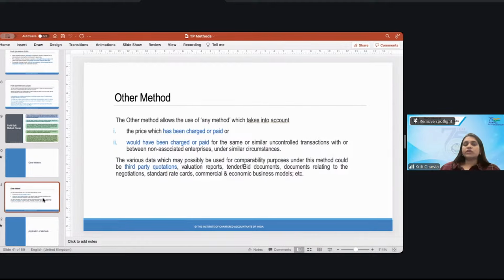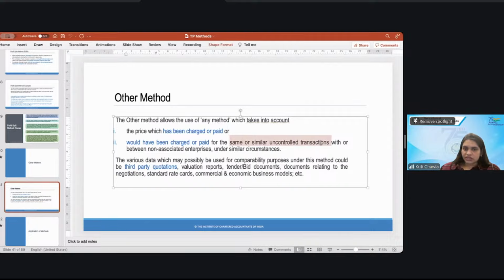Well, this is what Rule 10AB says with respect to the other method. It says it is any method which takes into account the price which has been charged or paid, or price which would have been charged or paid for the same or similar uncontrolled transaction with or between non-associated enterprises under similar circumstances.